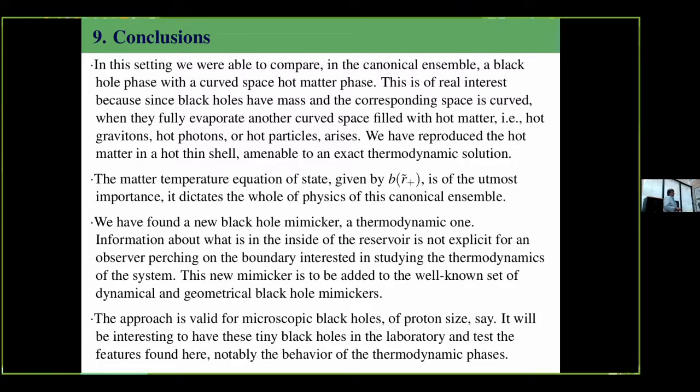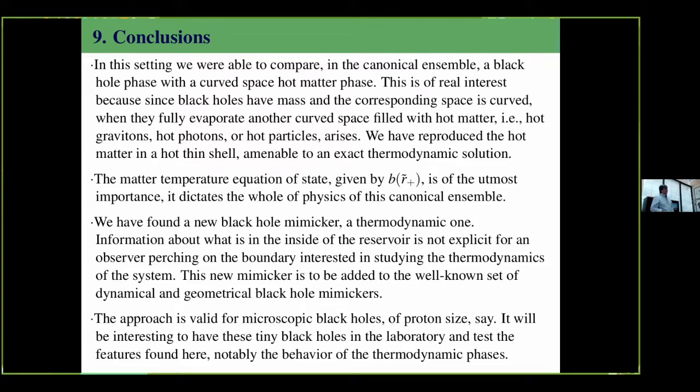Essentially, we expect that matter will be made of hot gravitons or photons or particles. And we said, well, let's put everything in a hot thin shell and try to understand the thermodynamics of that. We have seen that the matter temperature equation of state, which is a free function of r plus, of course it has to be physical, is of the utmost importance and essentially dictates the whole physics of this canonical ensemble.